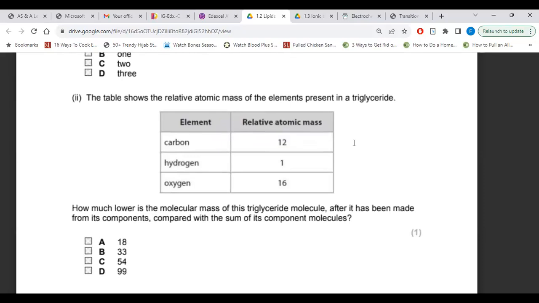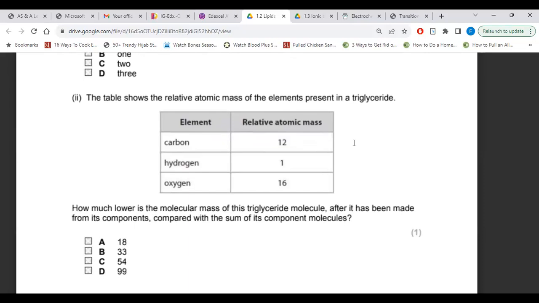The table shows the relative atomic mass of the elements present in triglycerides. How much lower is the molecular mass of this triglyceride molecule after it has been made from its components compared with the sum of its component molecules? What is the question saying?